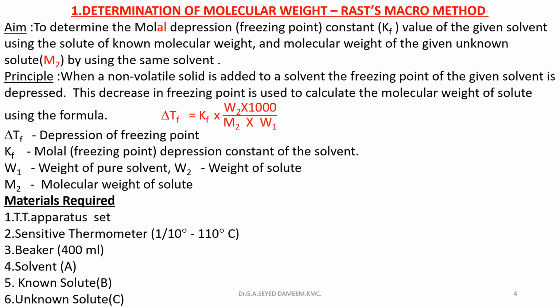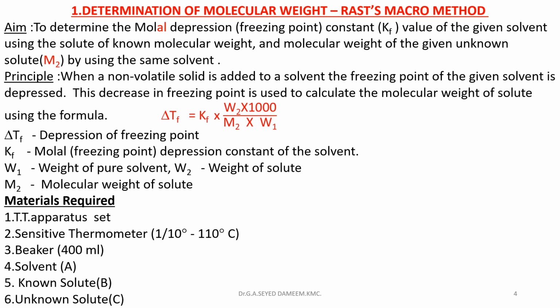From this delta Tf and the molecular weight of the known solute, we can calculate the value of Kf using the formula delta Tf is equal to Kf W2 into 1000 divided by M2 into W1.